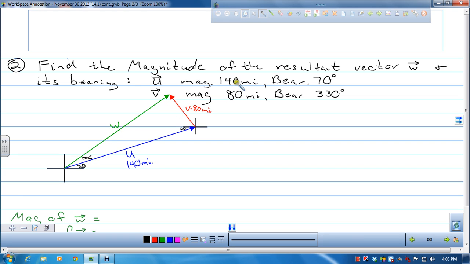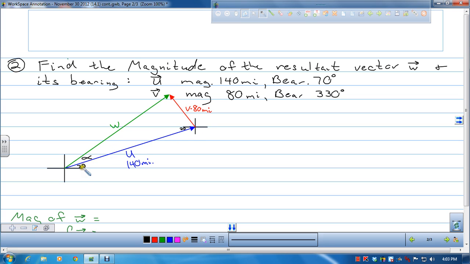Because when it says it wants the magnitude and the bearing of this green line, I actually want this right here. But in order to find that, I'm going to have to get this value. Okay, so let's see here. Start piecing this together.